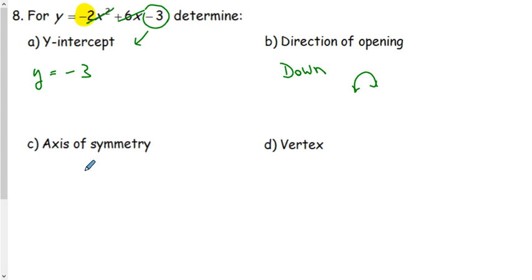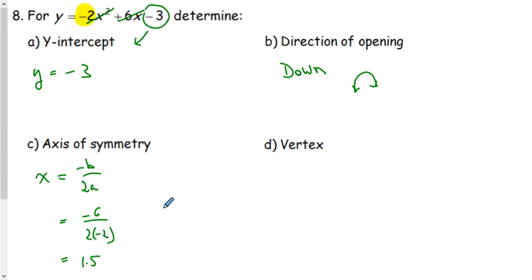Our axis of symmetry. Okay, we can find the axis of symmetry using our equation, negative b over 2a. Well, b is 6, so negative 6 over 2 times a, which is negative 2. What's that work out to? Negative 6 divided by negative 4, that's 1.5, and it's positive. Finally, our vertex.